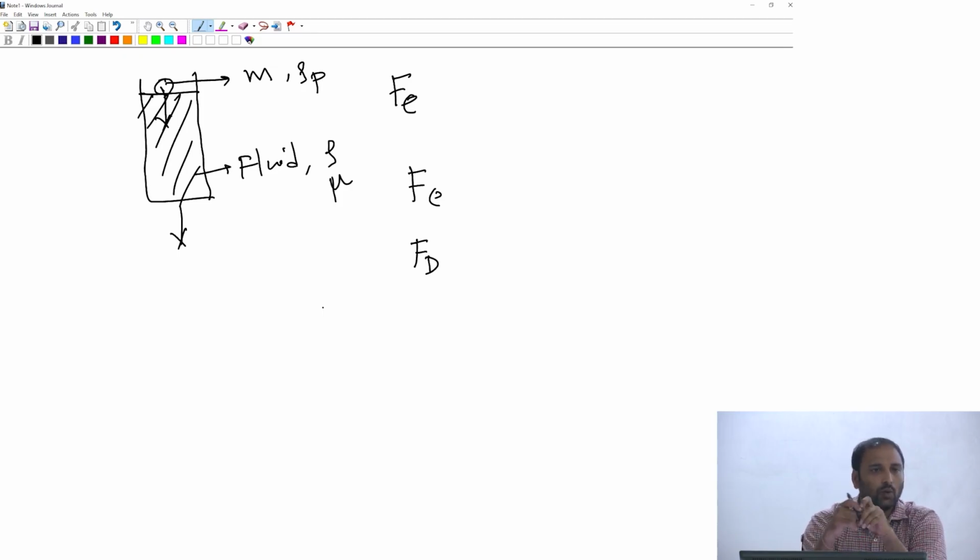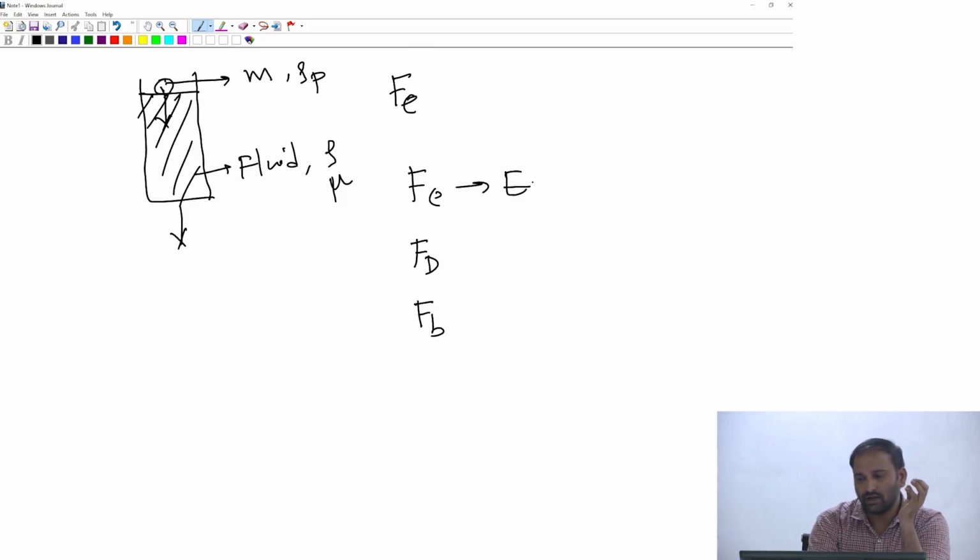Now, when the particle enters the fluid, it is going to displace some fluid as well, right? Therefore there's also going to be buoyancy, Fb.